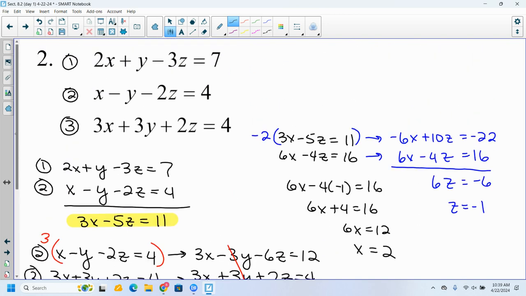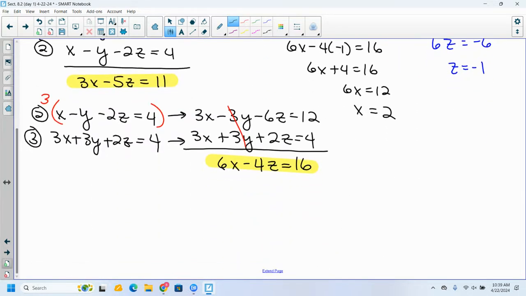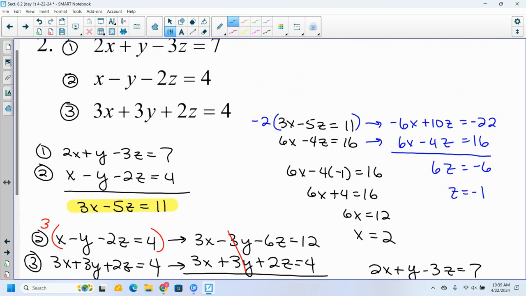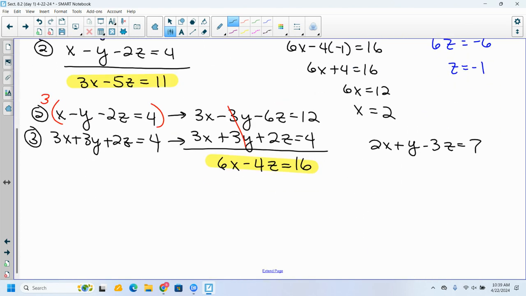And I'm just going to pick the top one. 2x plus y minus 3z equals 7. Make sure I copy that down right. Okay, and x is 2 plus y minus 3 times negative 1 equals 7.